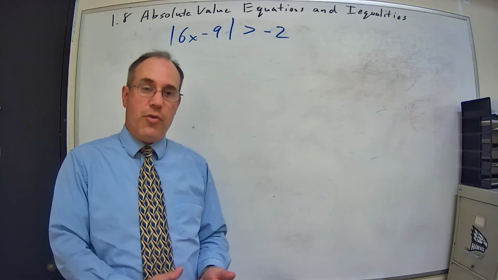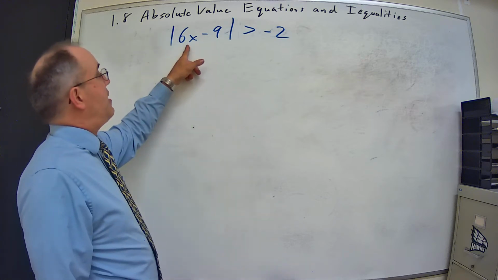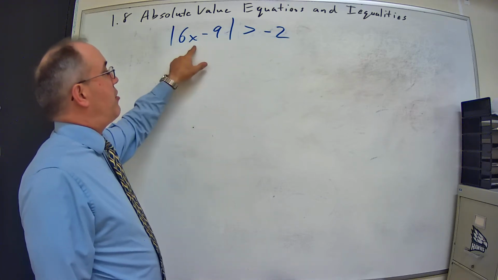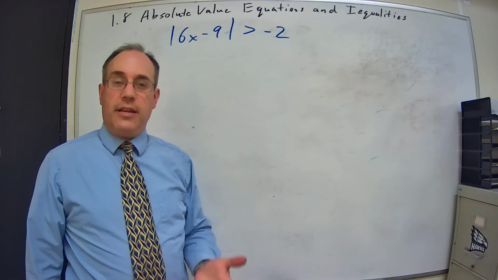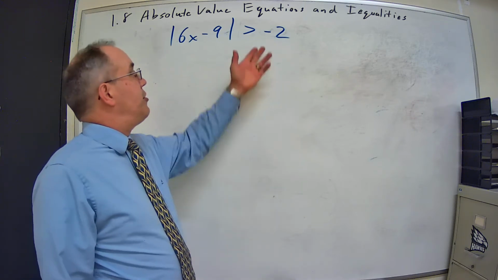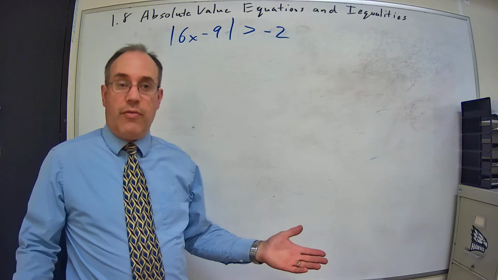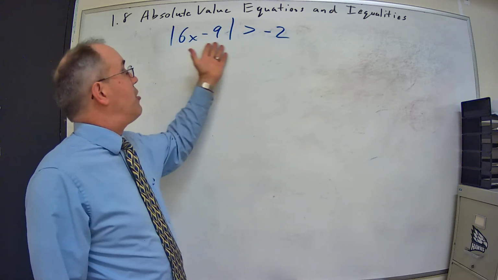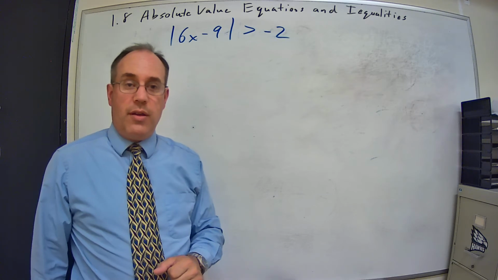You're going to get 0 or something positive. So when you have a case like this where you're saying the absolute value of this is greater than negative 2, negative 2 is negative. So we take the absolute value of anything, it's going to be greater than negative 2.